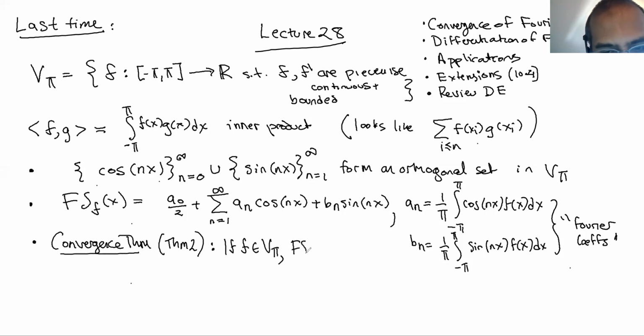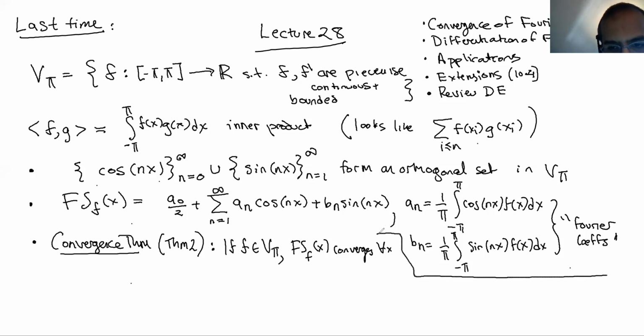The Fourier series converges for every x. That's not obvious, right? It's an infinite series with sines and cosines. Whenever you have an infinite series, the first question you should ask is, does it converge? And for which x does it converge? So first of all, it converges.